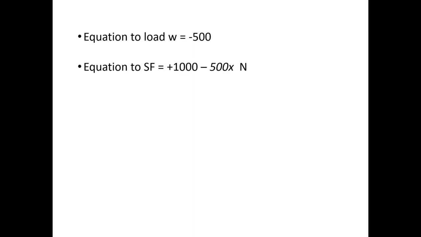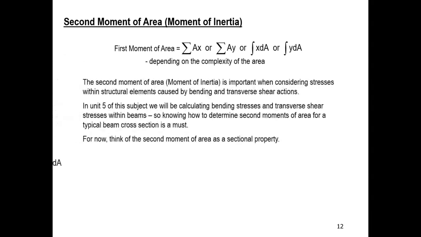The next topic we want to cover today is the moment of area. Moment of area is a section property, and section properties are very important because when we discuss the deformation inside beam structures, we discussed the internal forces, but internal forces are not the only parameter.